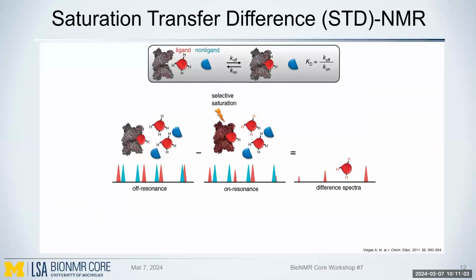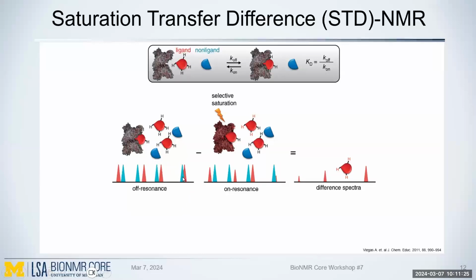In STD-NMR, here I'm using protein as an example. So in the NMR tube, you will have your protein sample, and also you have ligand and non-ligands. They all are mixed in one NMR tube. So you want to find which ligand binds to the protein. And then we can first record an off-resonance spectrum.